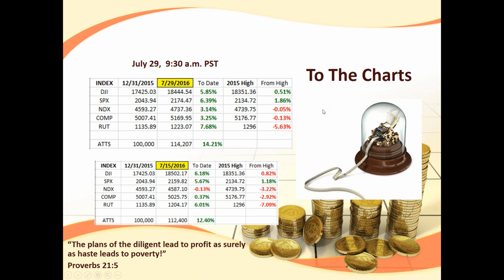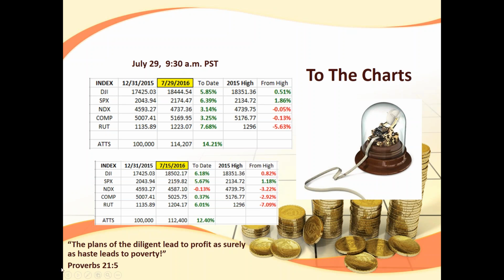As we can see, the NASDAQ is getting really close to popping, hitting against last year's high. It actually hit that a little bit earlier today, intraday, and then fell back. Same thing for the composite. The Russell's still about 5.6% away from its all-time high and the high from last year.